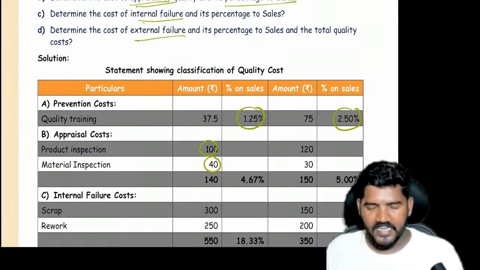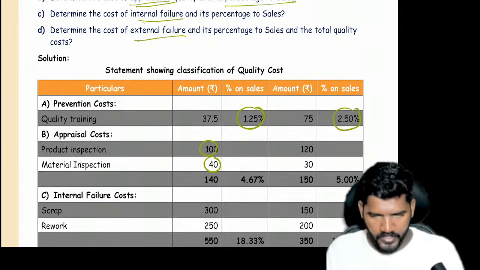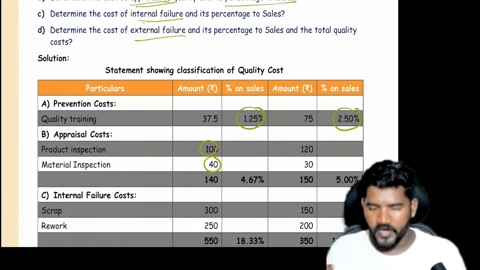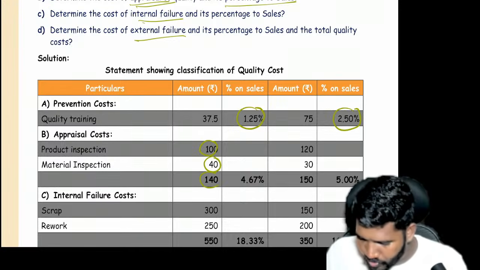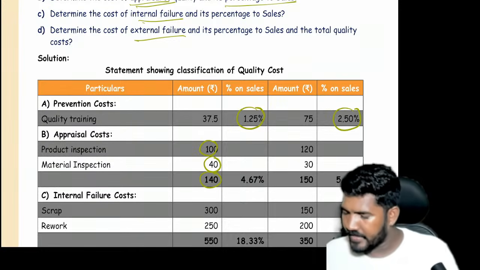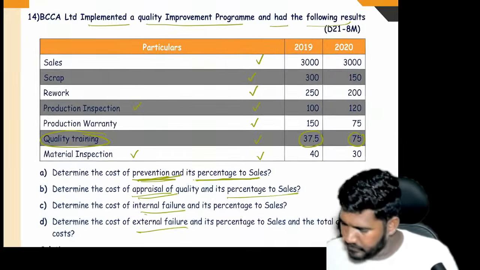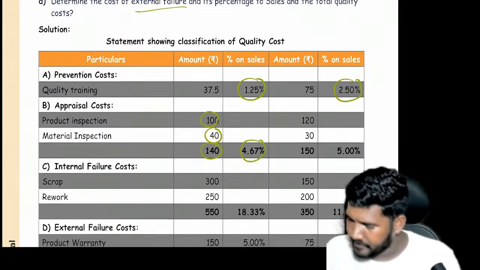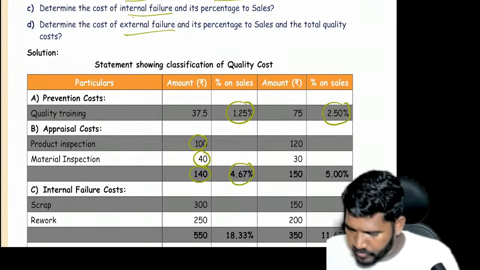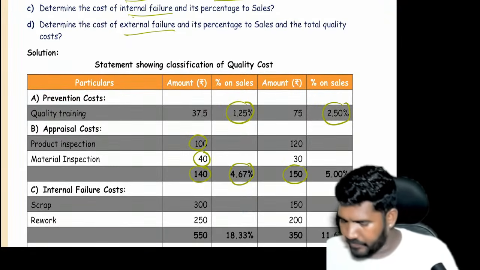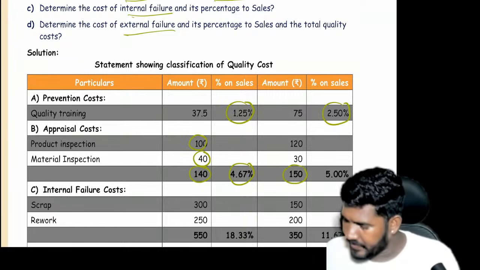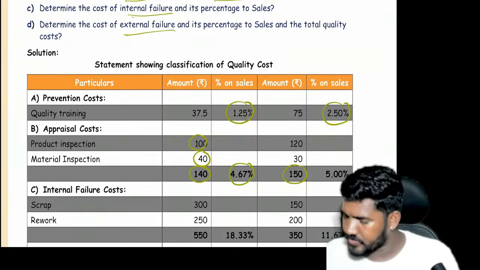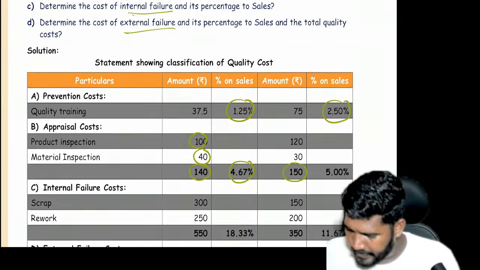I am calculating from the total point of view, that's why total appraisal cost is 140. So 140 divided by sales 3000 into 100 is 4.67%. For 2020, 150, which is 120 plus 30, divided by 3000 sales into 100, is 5%.